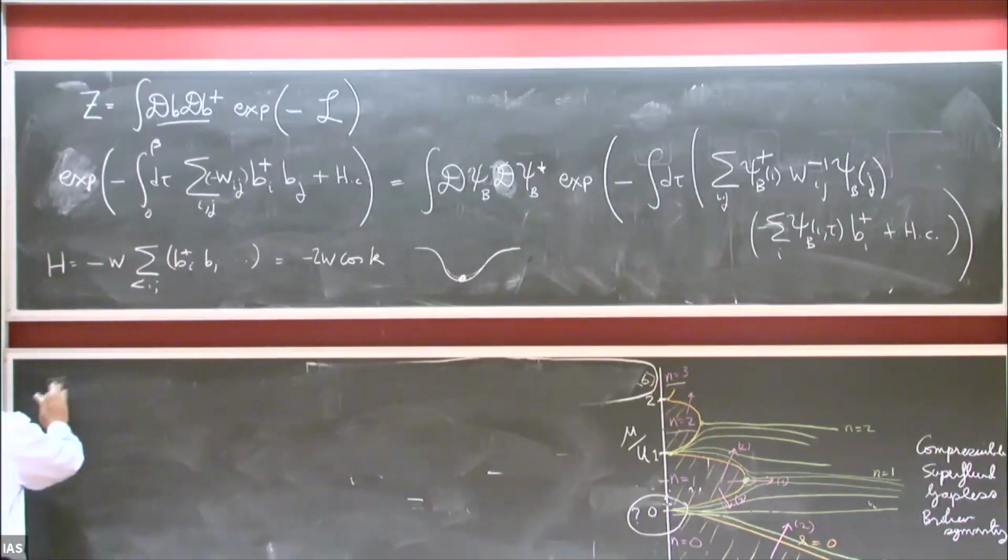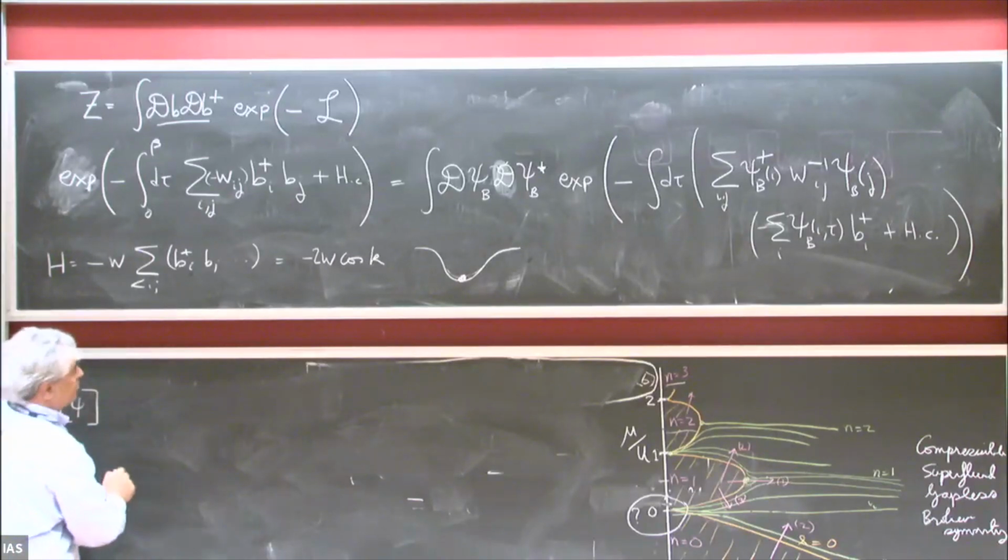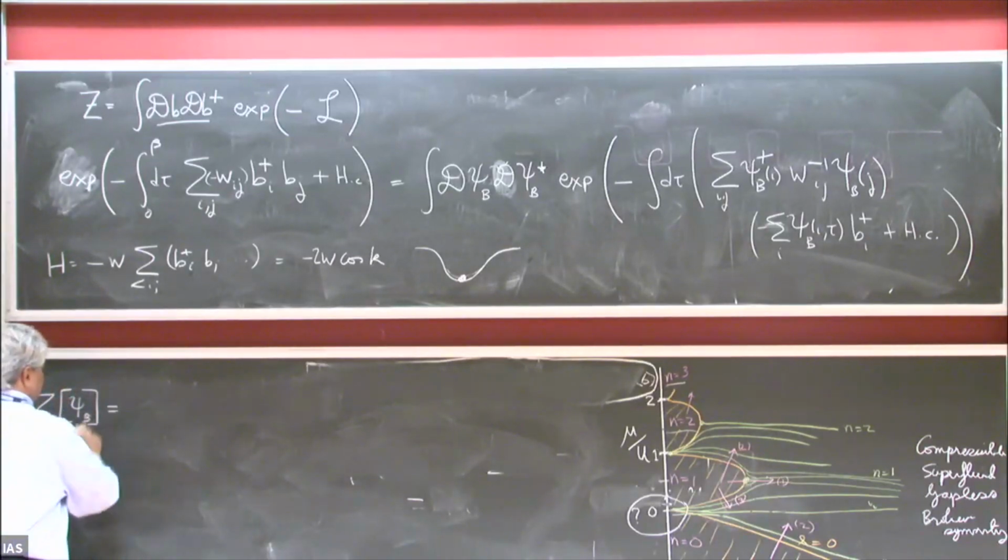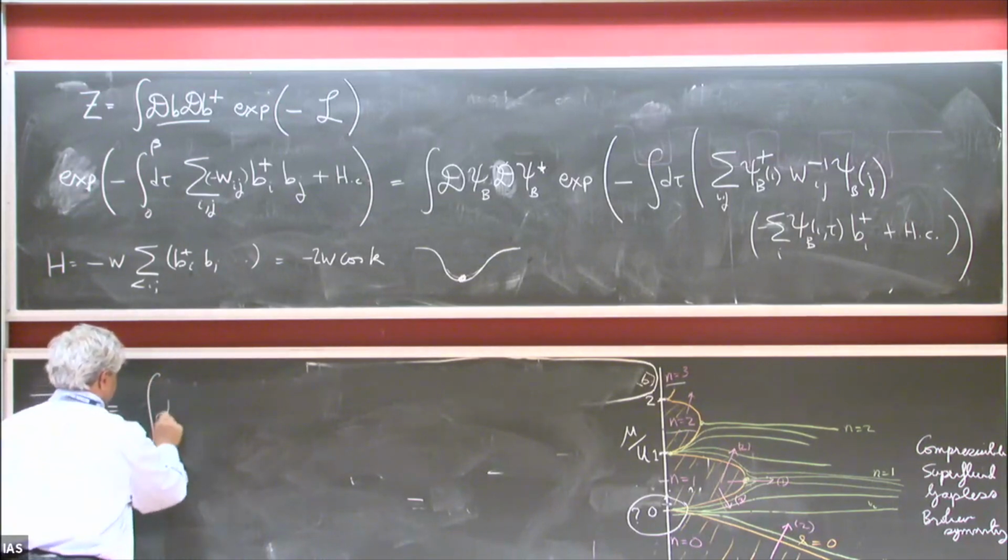So I have the following integral to evaluate, which is going to be a function, let me call it Z, of psi, or psi b. I do this on every site, so there's no site label.